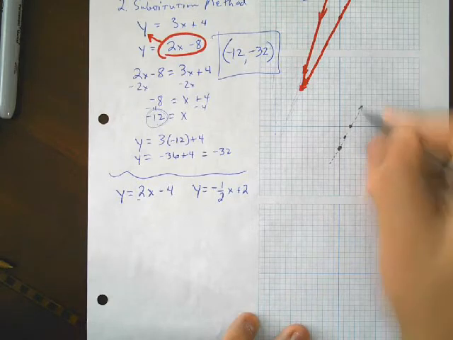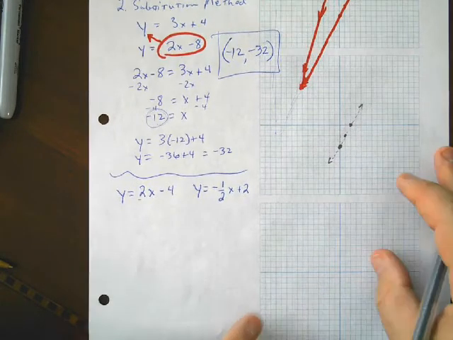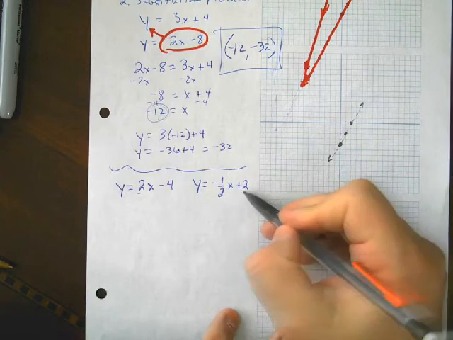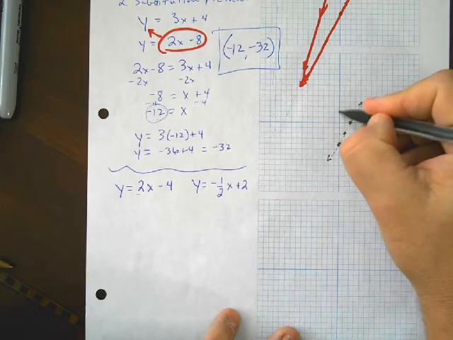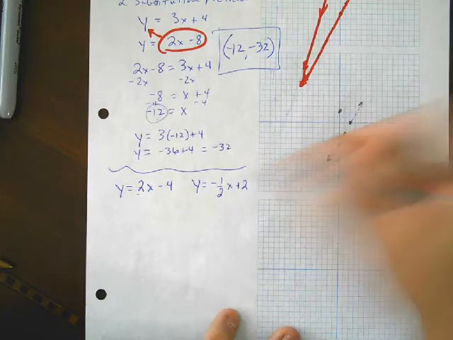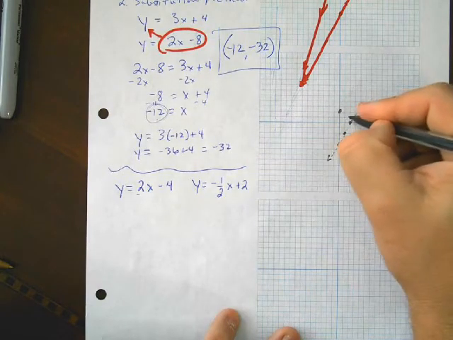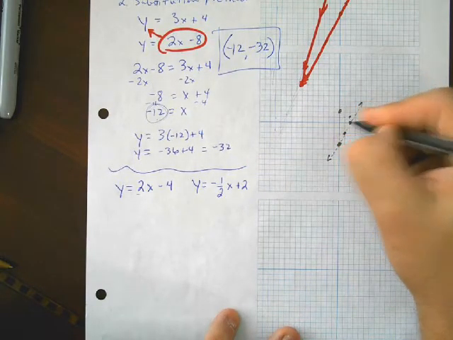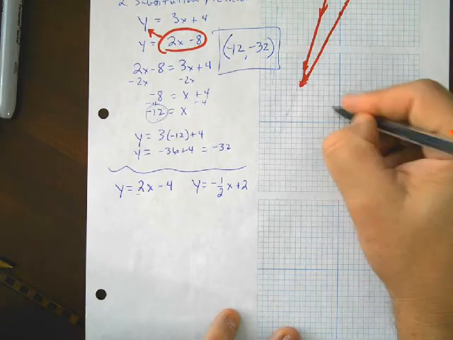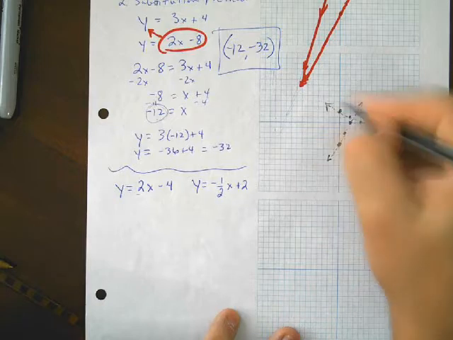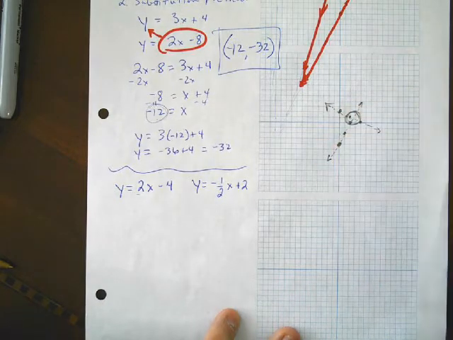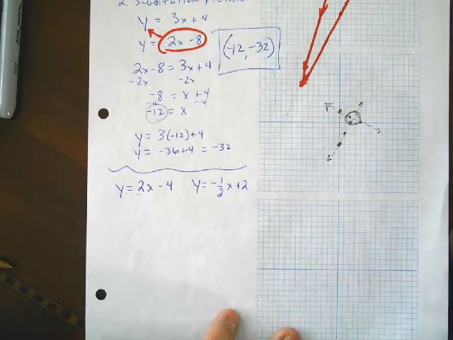And then this one, positive 2. So 1, 2. And now we go slope of negative 1/2, which means down 1 over 2. There we can see the point of intersection, but it looks like we're going to get some kind of ugly looking fraction as our result.